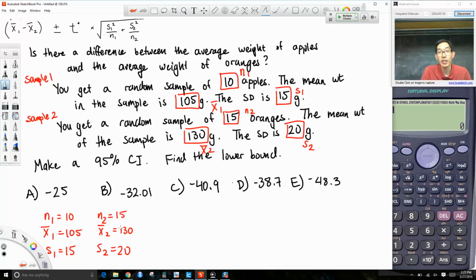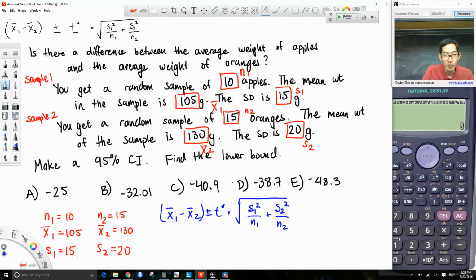That way when you plug them into the formula, x bar 1 minus x bar 2 plus or minus t star times whatever, the risk of you making a dumb mistake is reduced. It's impossible to eliminate the risk of silly mistakes, but doing stuff like this can help.